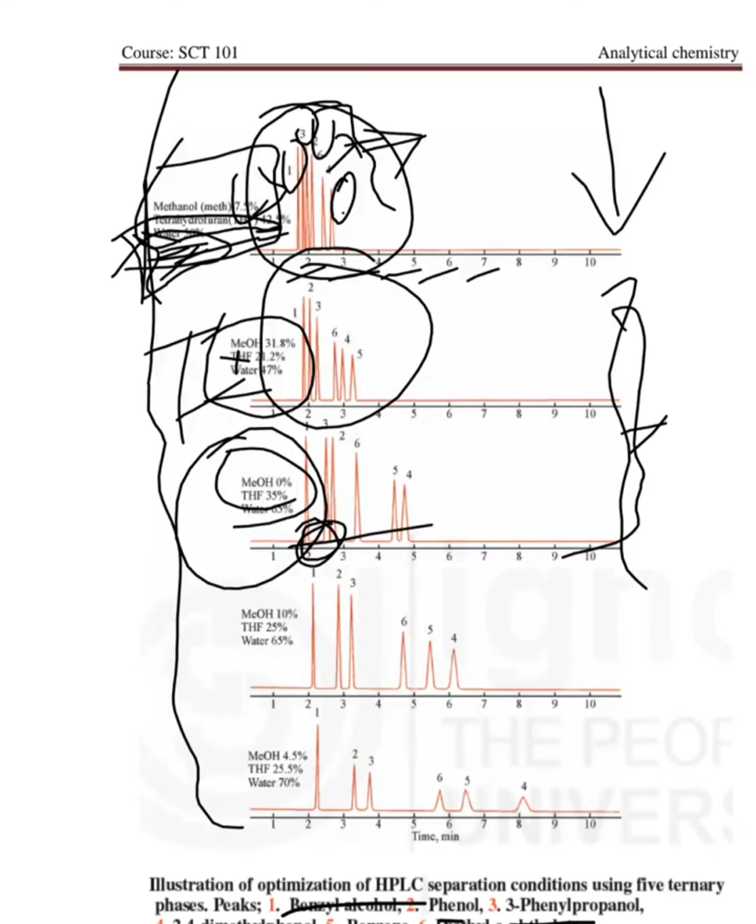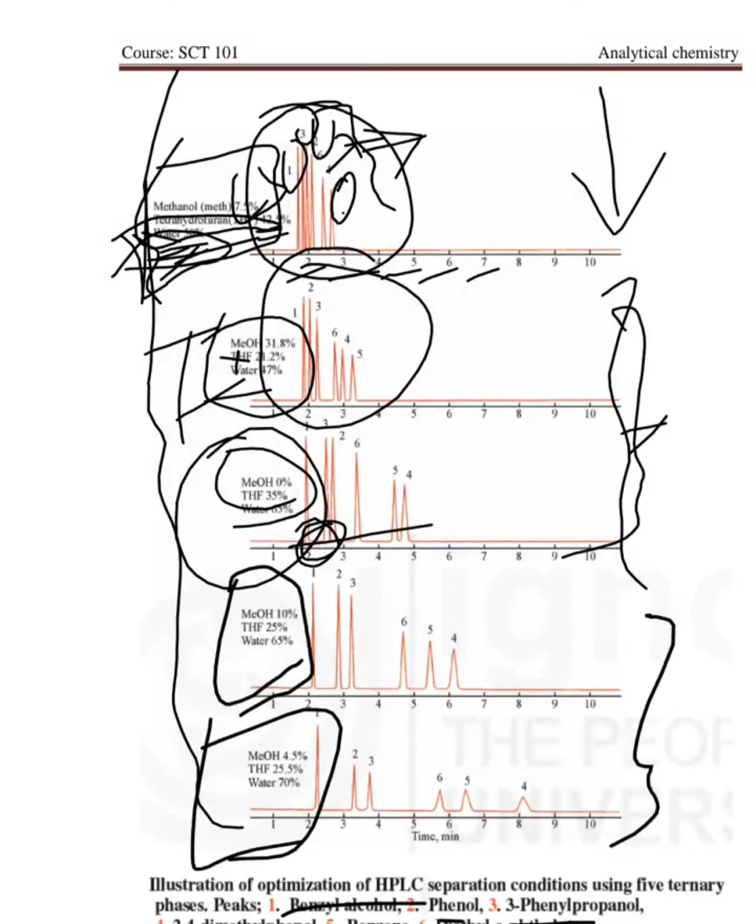It's not another thing. So by varying the different ratio of polar and non-polar, we can separate easily, and these separated products can be seen clearly.